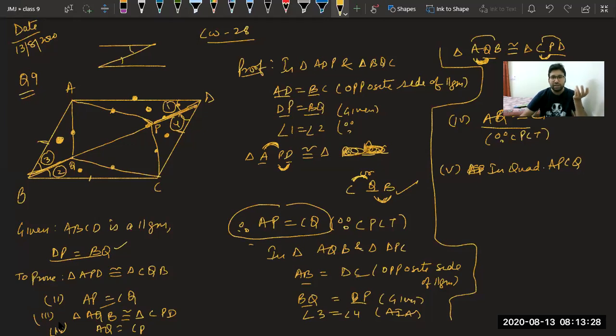One of which is if you prove opposite sides equal, that is done. So as opposite sides, that is AP is equal to QC and AQ equal to PC, we can say APCQ is a parallelogram.